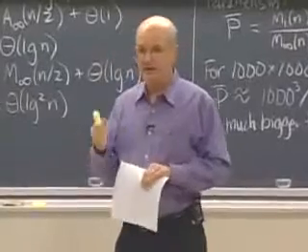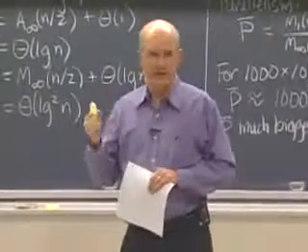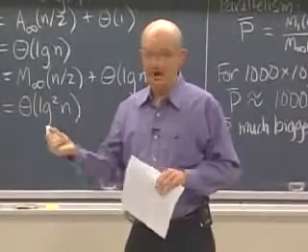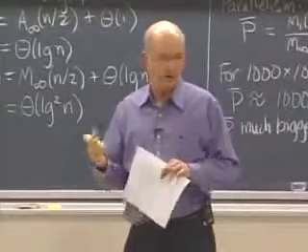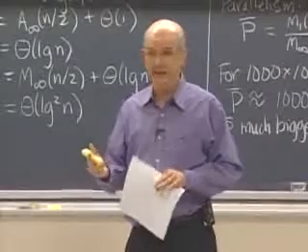Of course, you're interested in getting more than just asymptotic behavior. You're interested in getting real performance behavior on real things. So you do care about constants in that nature.